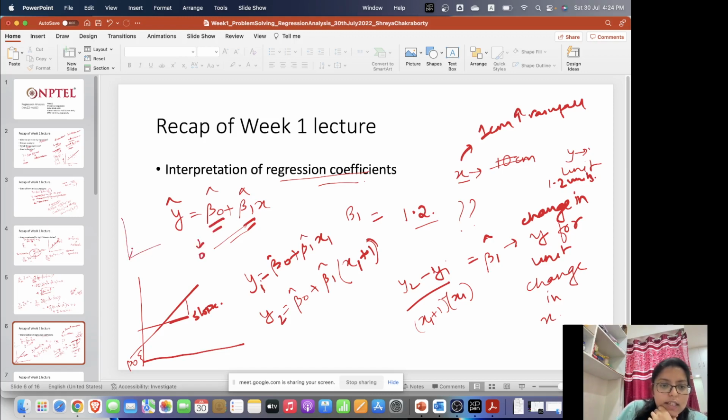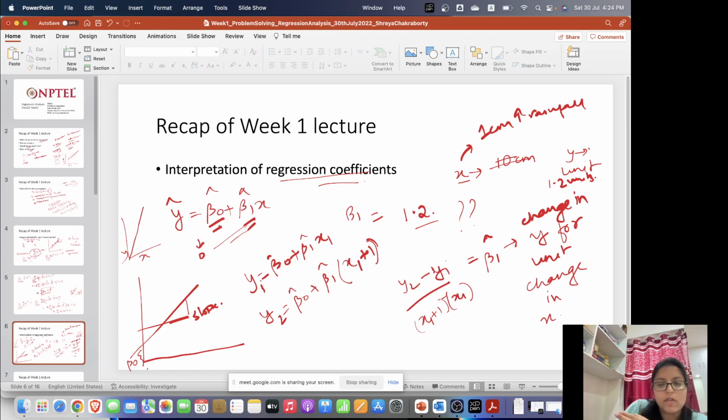It means that it passes through the origin of x and y. So if x is 0, then y should also be 0. But if there's some beta naught component over here, it means that even if x is 0, y has some value.